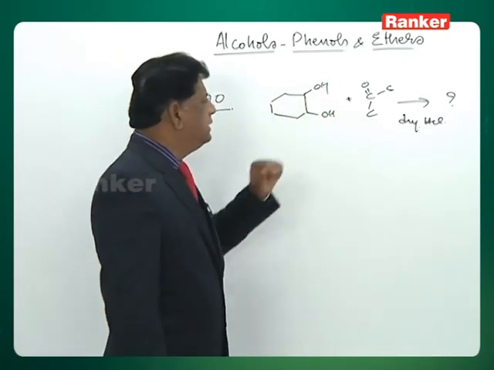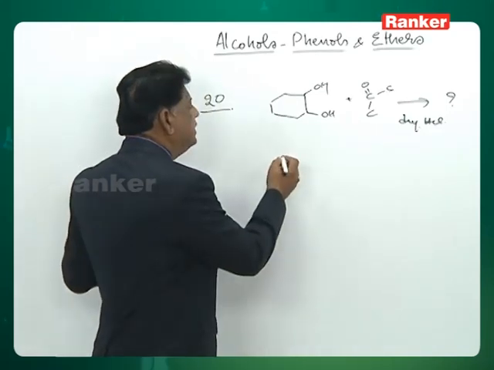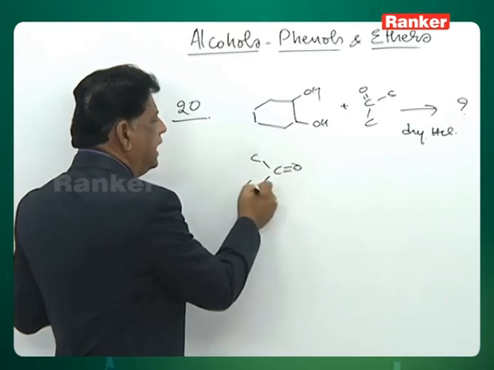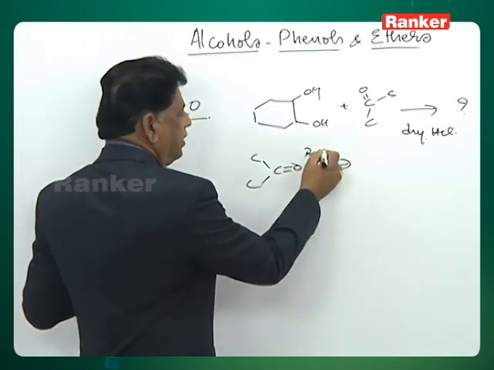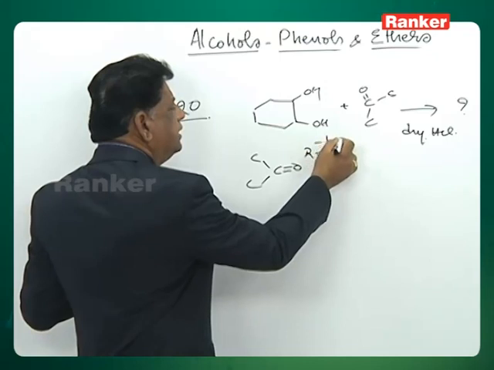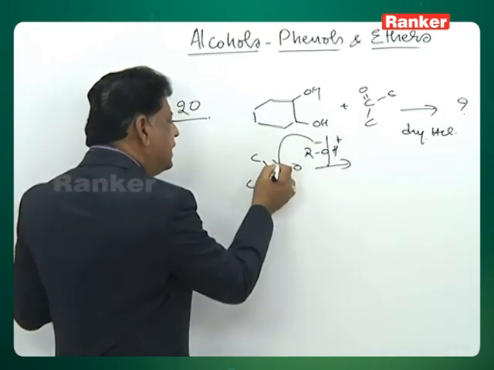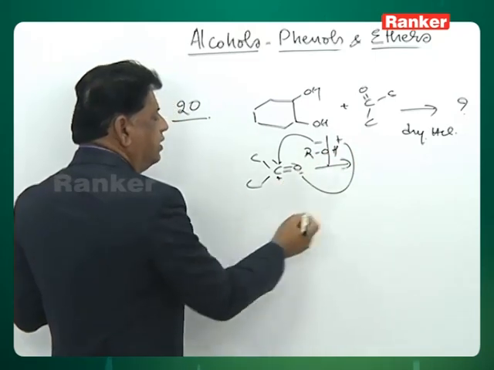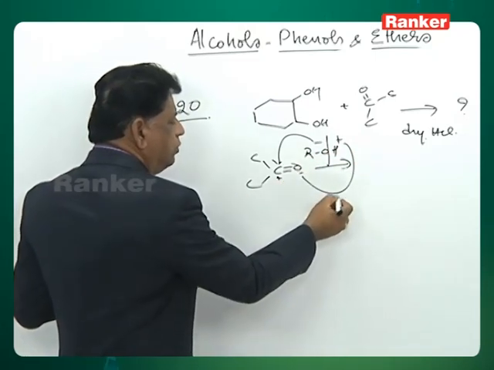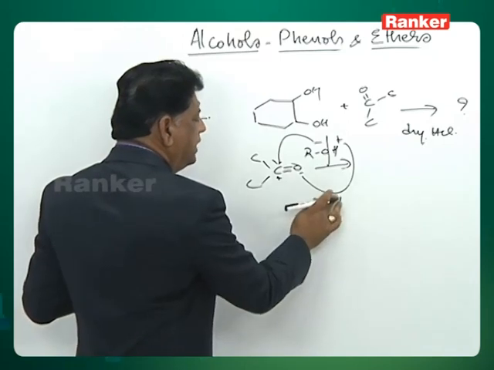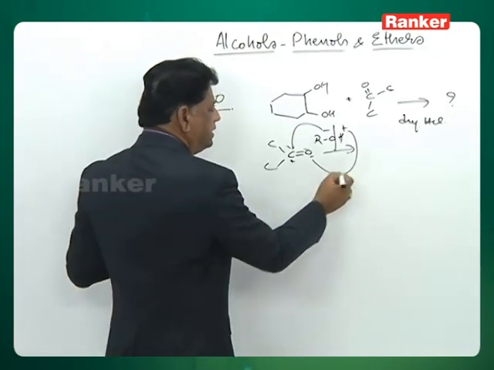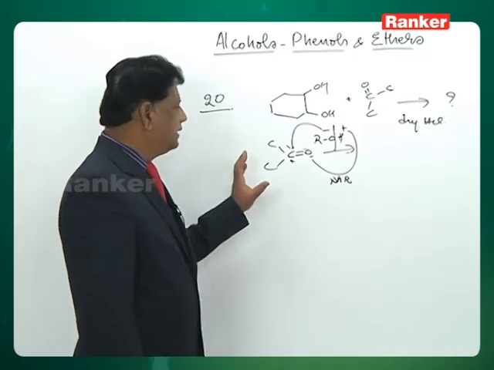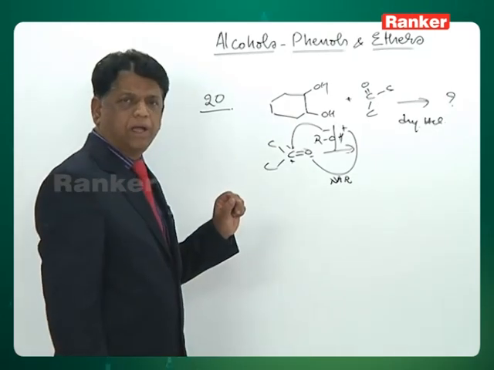But the reaction is based on a wonderful concept here. Whenever the carbonyl compound is added with one alcohol, the alcohol splits into minus and plus, and then the minus adds on the carbocation and the plus adds on the minus form. This is a standard reaction called nucleophilic addition reaction, the characteristic reaction of the carbonyl compound.